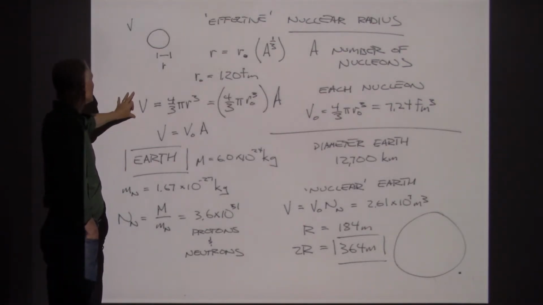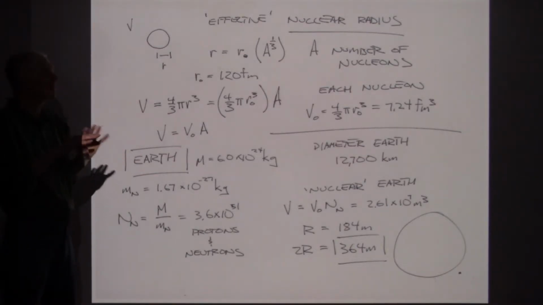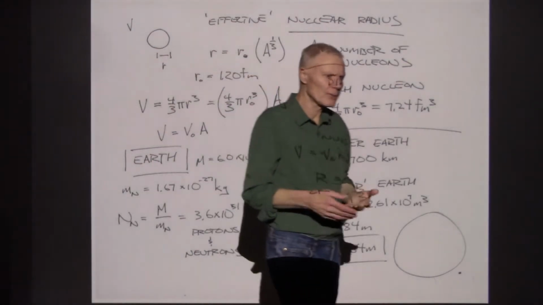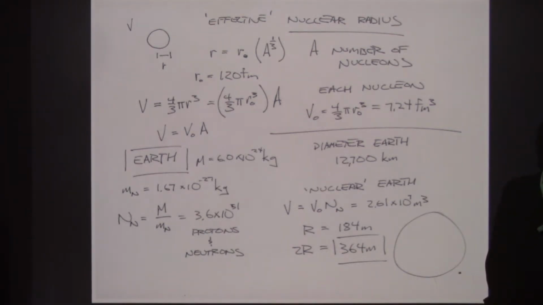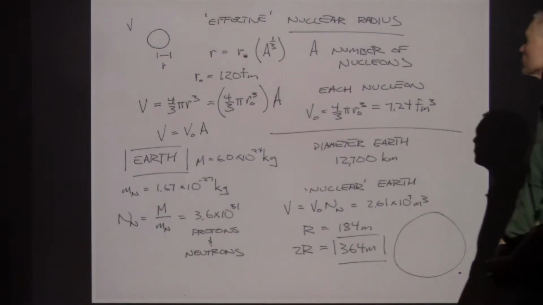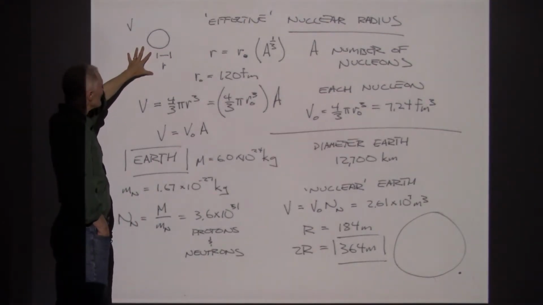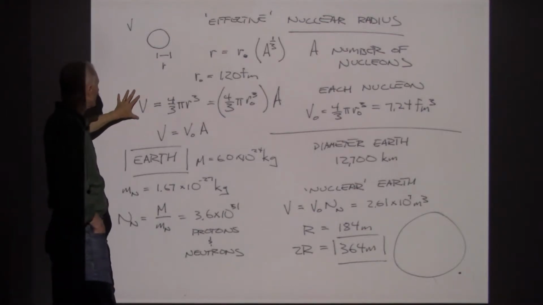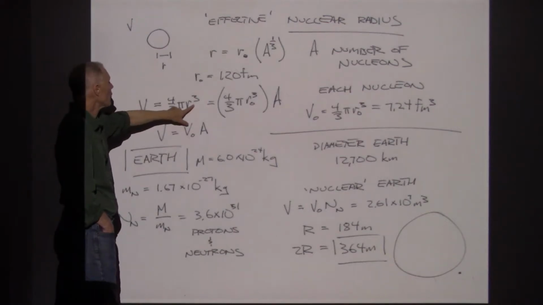Now, if we think of it in terms of volume, if we imagine the nucleus to be sort of spherical. So these nucleons, the protons and the neutrons, they're going to have wave functions. They're going to have all those different shapes that we saw for the electron, all the different wave patterns representing the protons and neutrons. But to a reasonable approximation, we can say that that's going to give us something that's roughly spherical in shape. And so the volume then would be estimated as 4/3 pi r to the third.